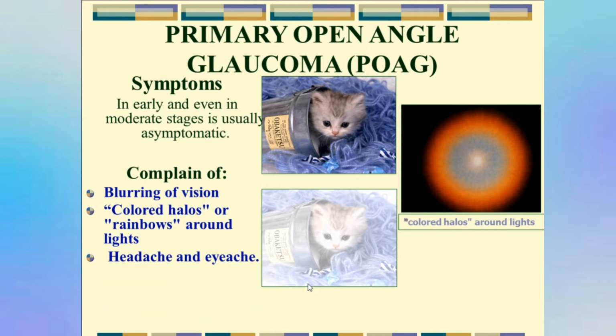As for the symptoms of primary open-angle glaucoma, in early stages usually there are no symptoms. Maybe the patient has a slight headache, blurring of vision, or colored halos, but it's not a severe situation. Don't forget that primary open-angle glaucoma usually affects rather elderly people, and they sometimes don't pay attention to a slight headache or eye ache and think maybe it's high blood pressure or something like this.